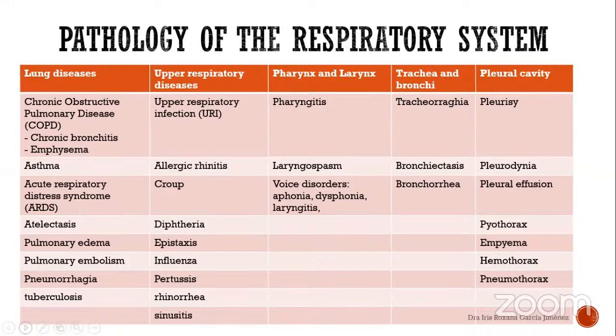This is a big chart. This is the first part. About the lung diseases, we have the COPD, chronic obstructive pulmonary disease, asthma, acute respiratory distress syndrome, the ARDS, atelectasis, pulmonary edema, pulmonary embolism, pneumorrhagia, tuberculosis.